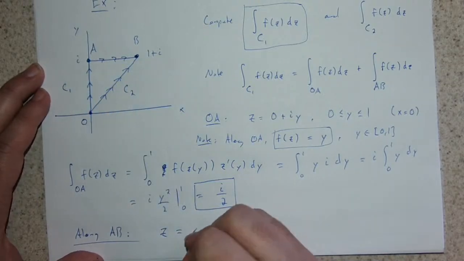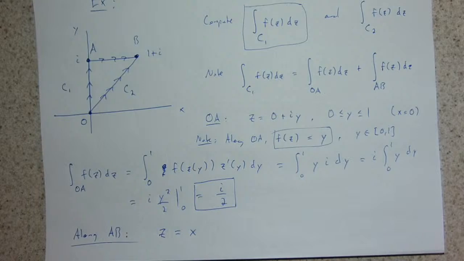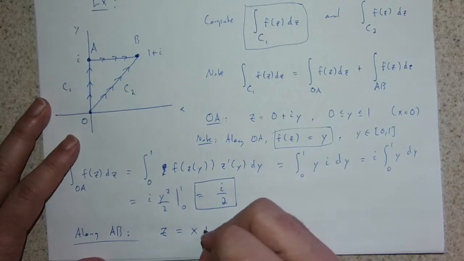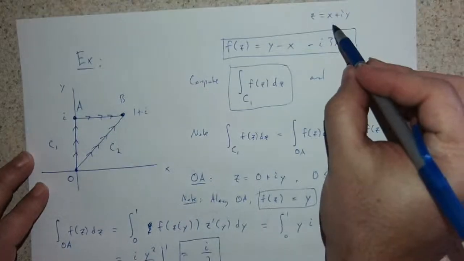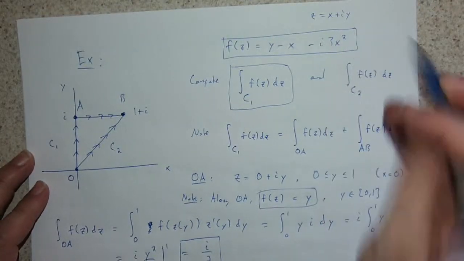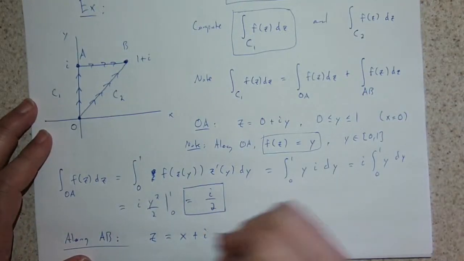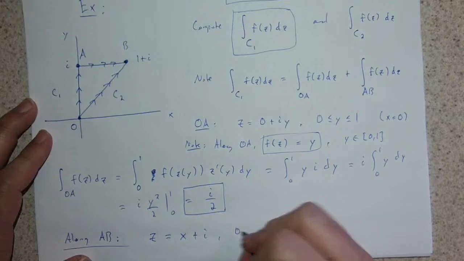So x is generic between 0 and 1. But what is going on in y? Well, y is not changing at all. Y is just 1 the entire time. So if z is x plus iy, y is just 1, so this is just x plus I, right? And x is between 0 and 1.